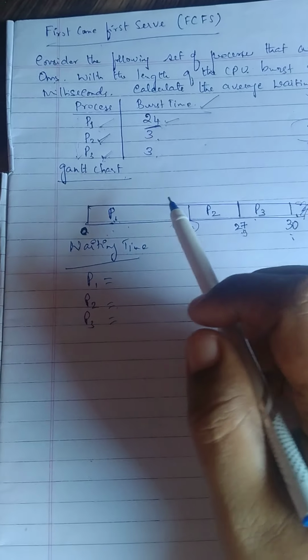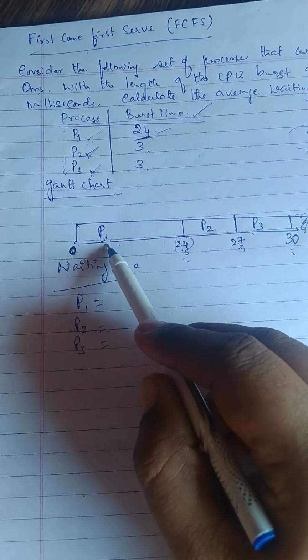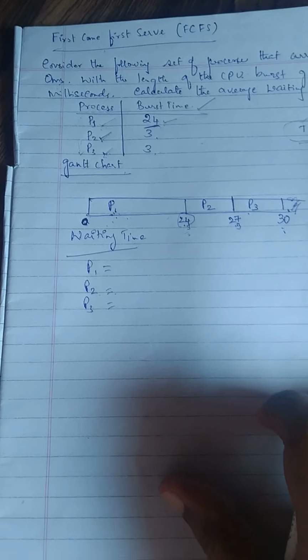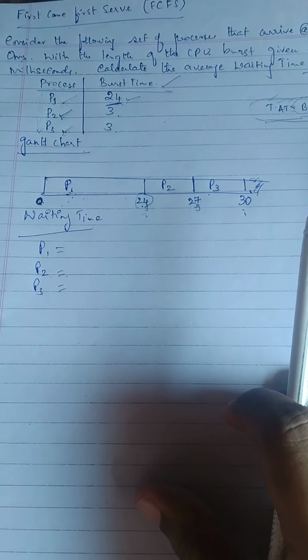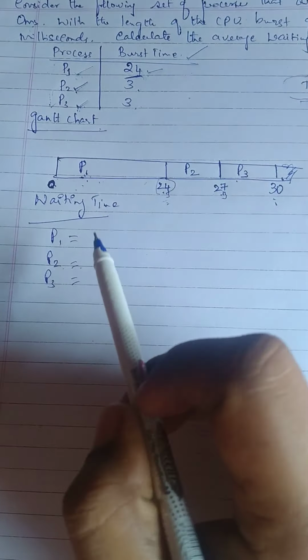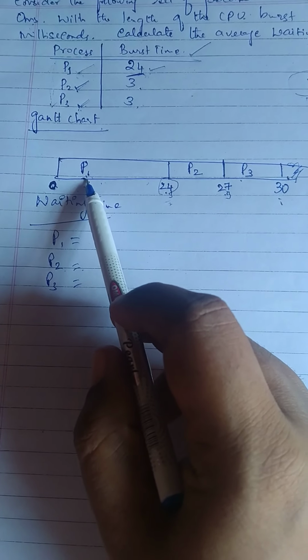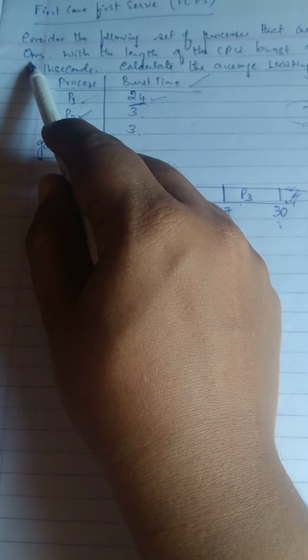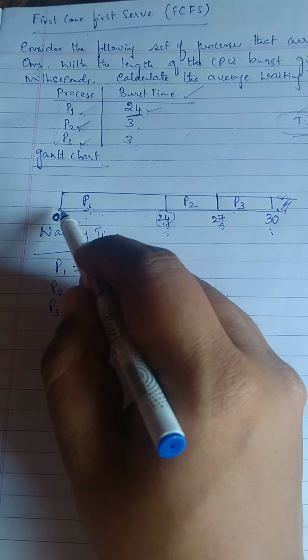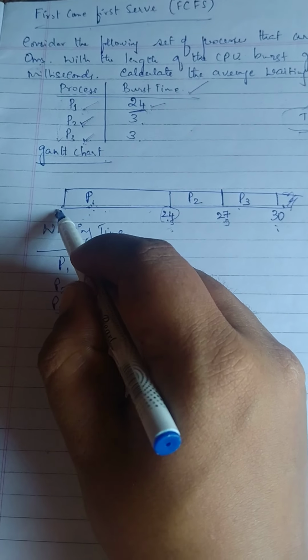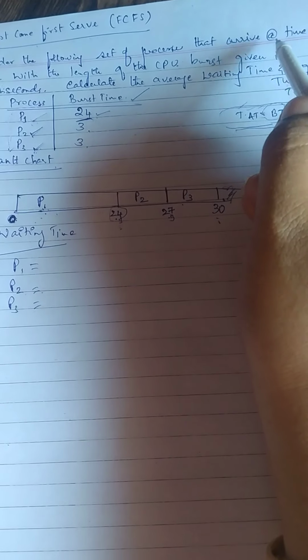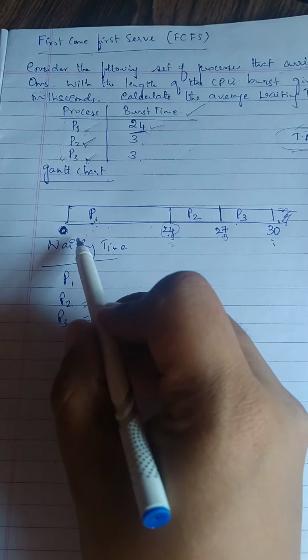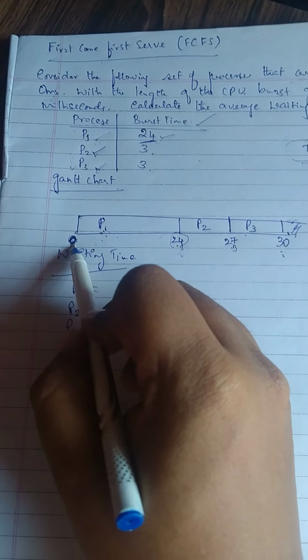So waiting time is nothing but how much time the process has been waiting in the ready queue for its turn to get the CPU. So you can see P1 has come in at what time? So we said all the processes have come in at 0 millisecond. So P1 arrived at 0 millisecond, and at what time did it get the CPU? 0 millisecond.